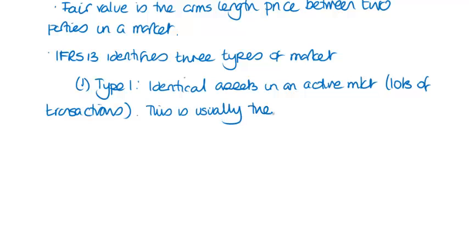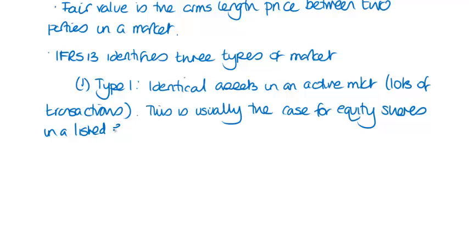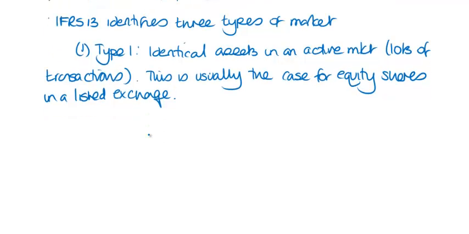This is usually the case for equity shares in a listed stock exchange. Because one share in Mercedes-Benz or Nestle or Microsoft is exactly the same as another share. So it's like they're identical assets and there's lots of transactions. Now I'm doing far more than 4 marks worth here. I'm trying to give you a bit of IFRS 13 knowledge as well.